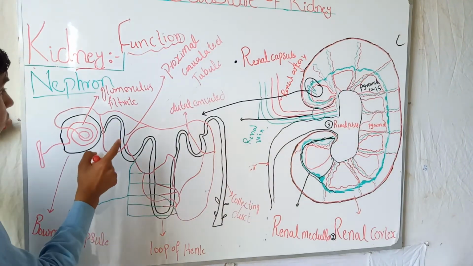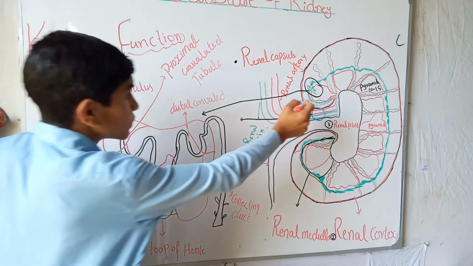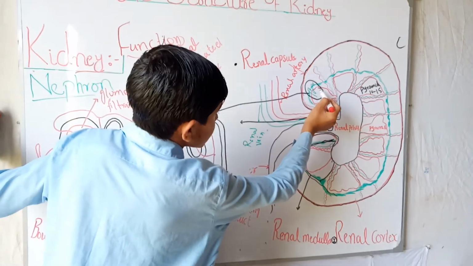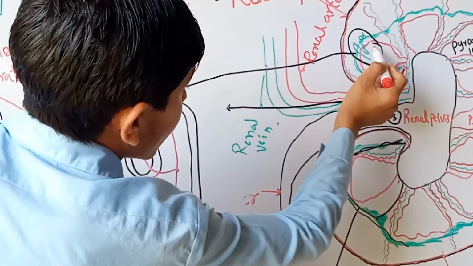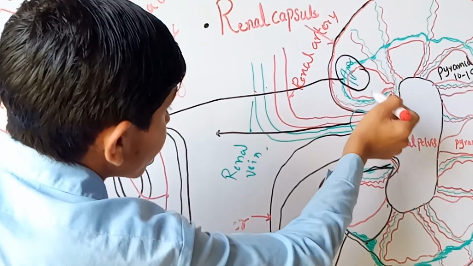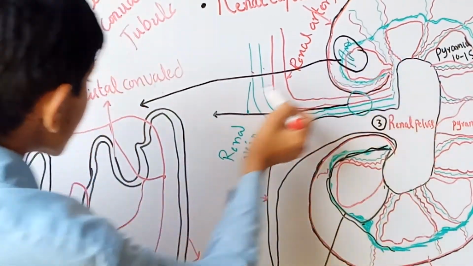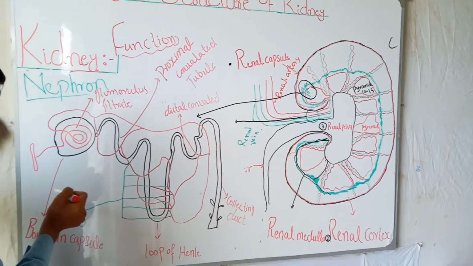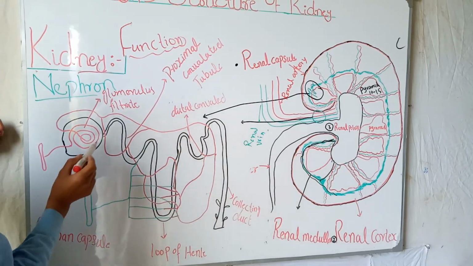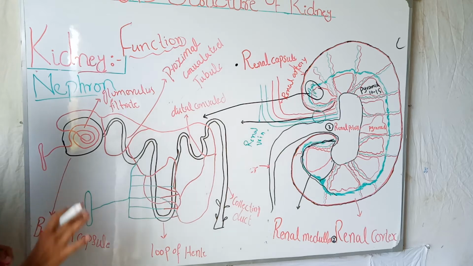This is the structure of a nephron. I have zoomed in here. This is the nephron which is found in the renal pyramid of the kidney. It consists of two main parts.